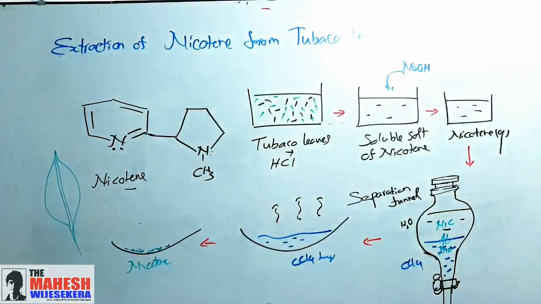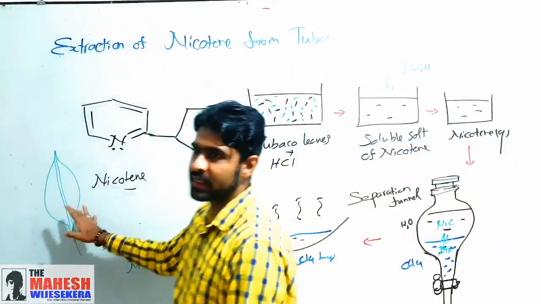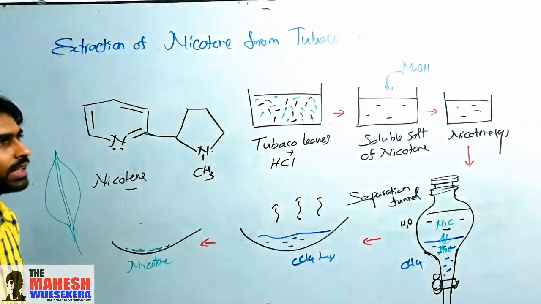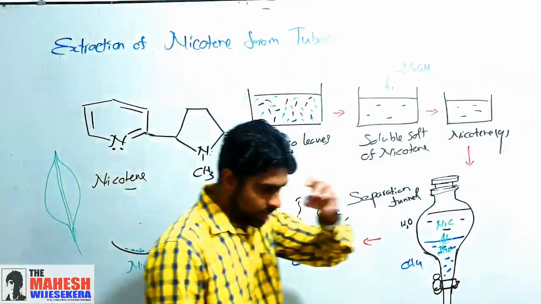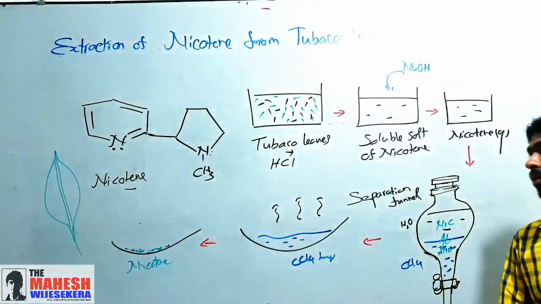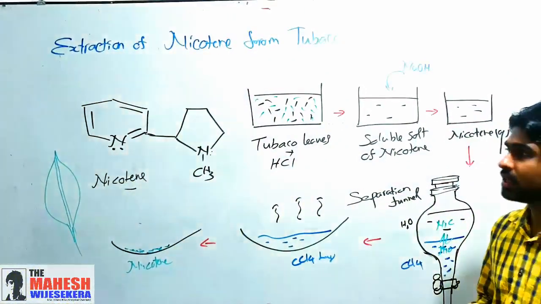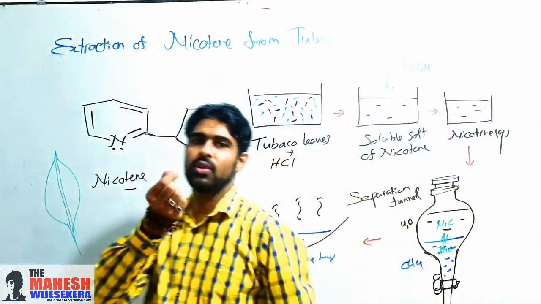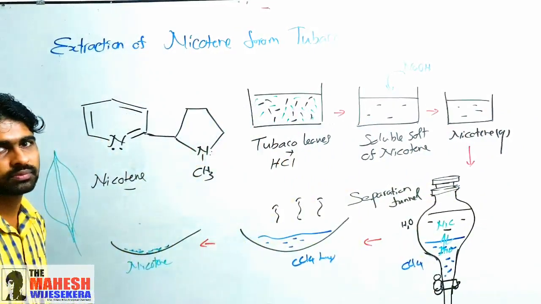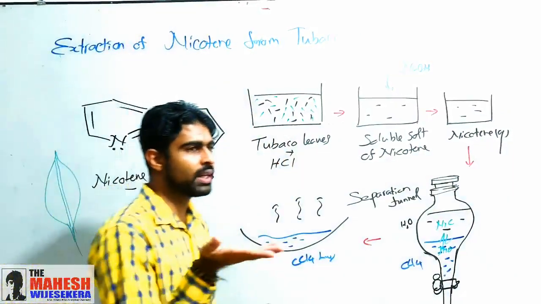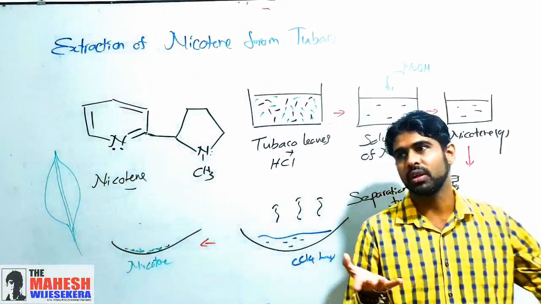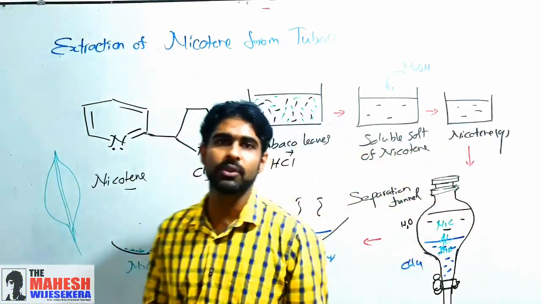In order to extract a little amount of cocaine, we need a very large amount of coca leaves, because the amount of compound in a leaf is very small. For a few milligrams, you need about 5-10 kilograms of leaves.